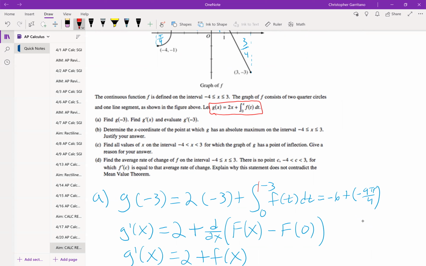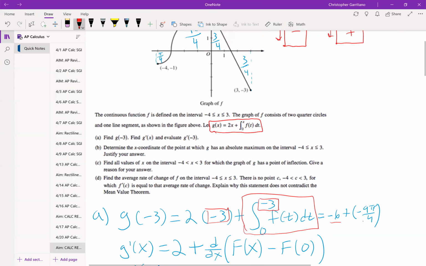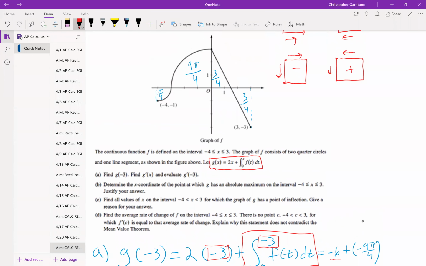See, I plugged this in and I plugged this in. And now all I have to do is, okay, well, 2 times -3 is -6, great. Now I have to worry about integrating this guy right here. Well, that is just the area under the curve from 0 to -3.